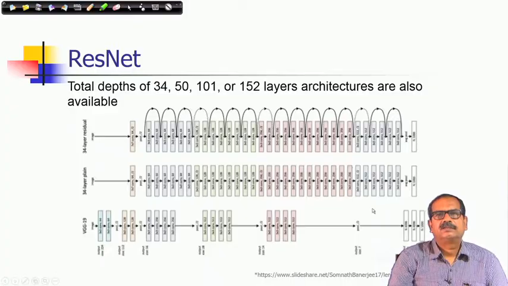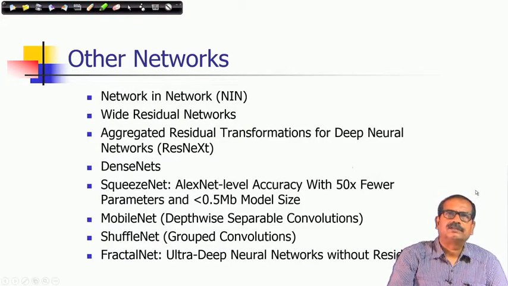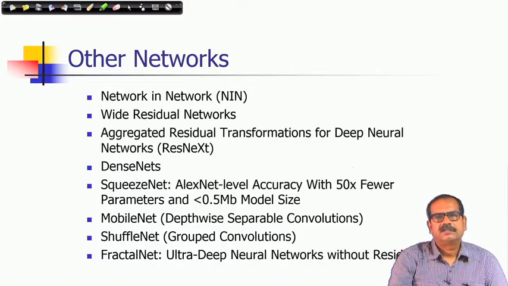So, this is one schematic diagram where ResNets are shown. As you can see, the skip connections are there regularly, and your number of layers could be very large. It could be more than 100 now, and it has increased the performance of the classification to a great extent. There are other examples of networks also, and some list is provided here.